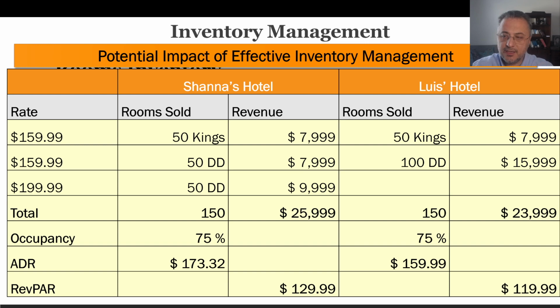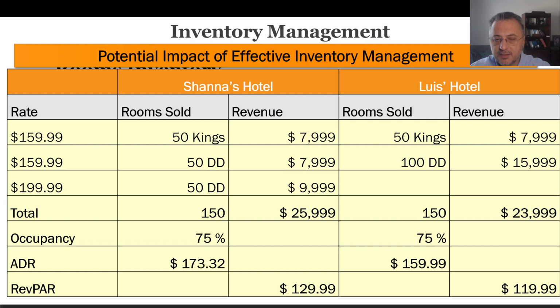Both Shanna and Louis have around 50% occupancy, so they usually offer 20% discounts. Now, these prices here reflect that discount. In a few weeks, it seems that demand is increasing, more specifically for DD rooms, like two people getting a DD room for every one getting a king room.